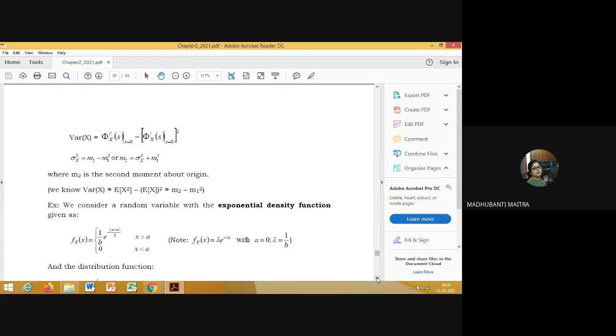From the density function, how could you be able to find out the distribution function? By integrating it. Yes, do it.